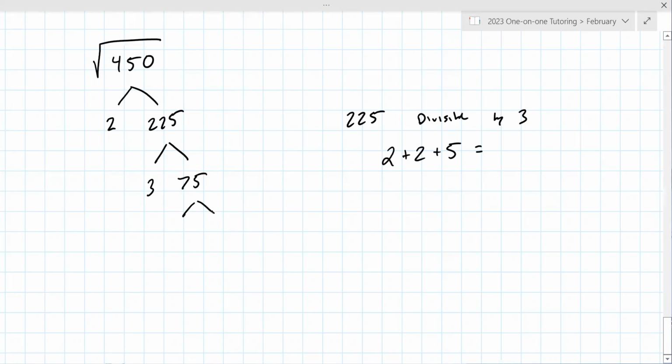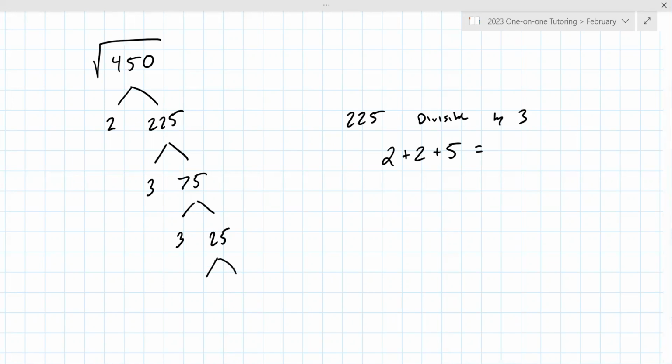Is 75 divisible by 3? Yes. So that's 3 and 25. Now does 3 go into 25? No, it doesn't.